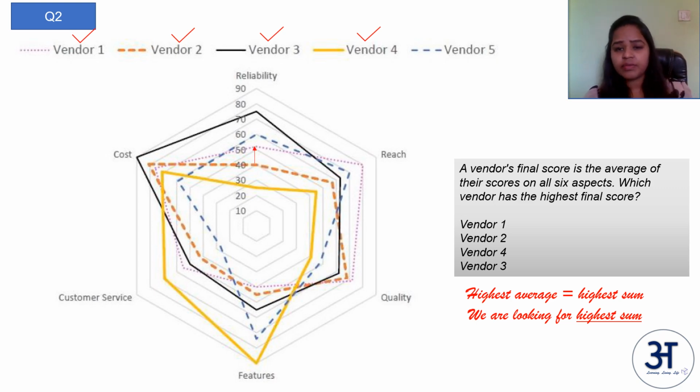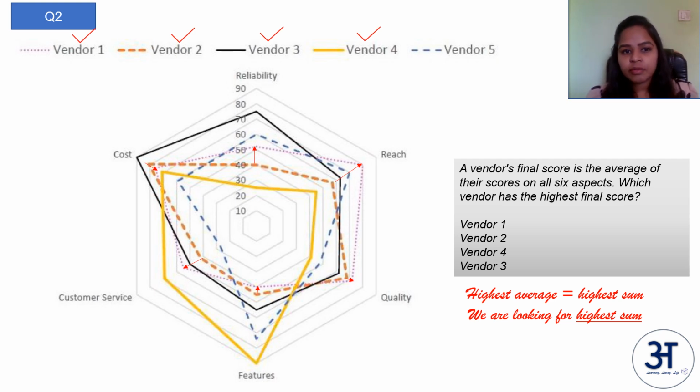So let us compare now vendor 1 and vendor 2, right? So vendor 1 for reliability has a higher score as compared to vendor 2. Similarly for reach, similarly for quality, and it has a lesser score as compared to vendor 2 for features. Again, higher score for customer service, lesser score for cost. So here you can clearly see that it is higher on all other aspects, and only on the two aspects it is smaller.